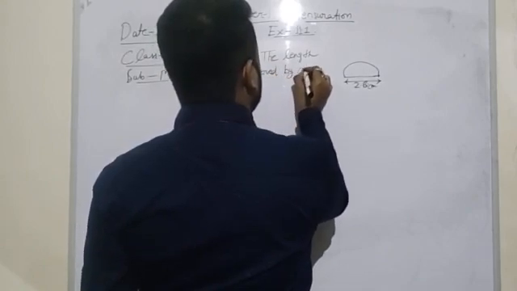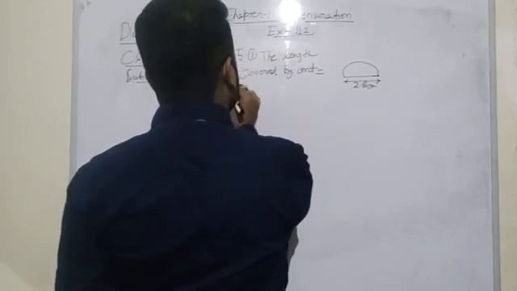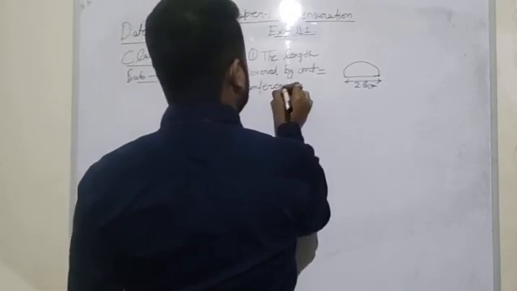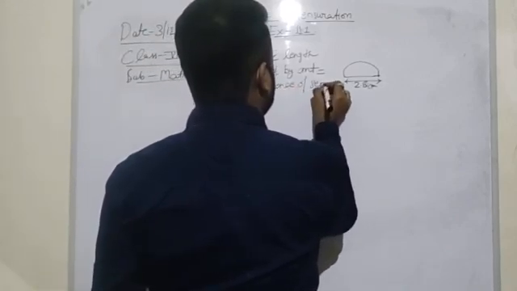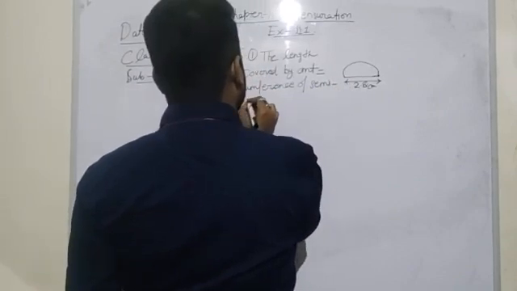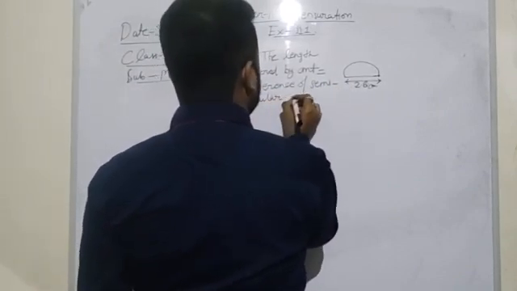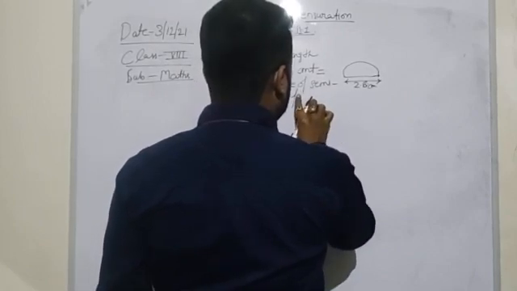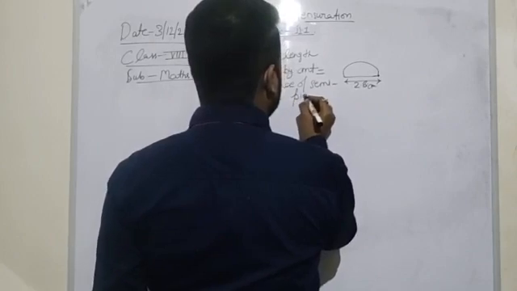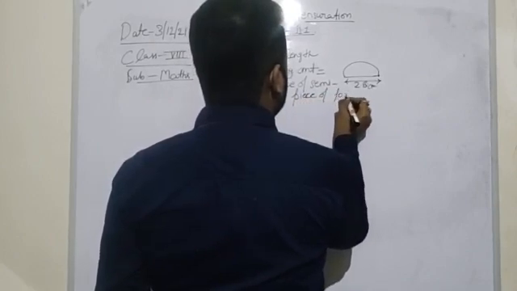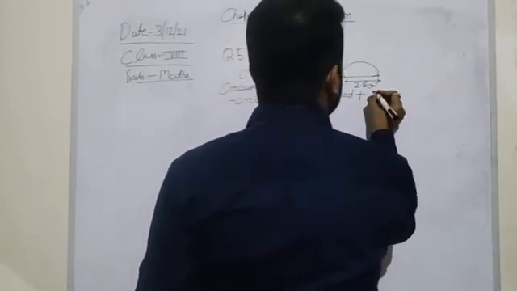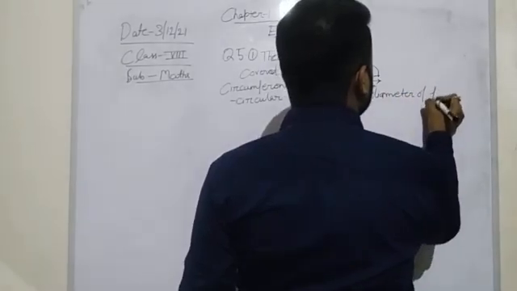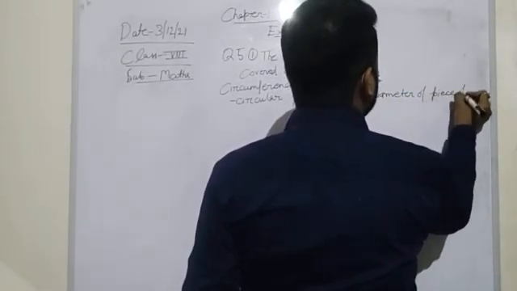The length covered by the ant is equal to the circumference of the semicircular piece of food plus the diameter of the piece of food.